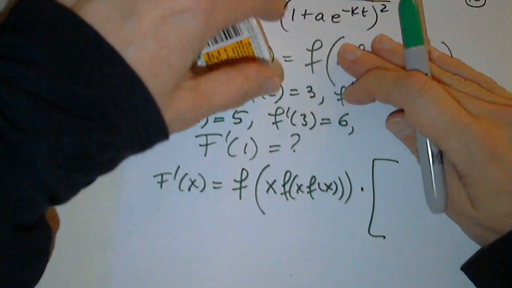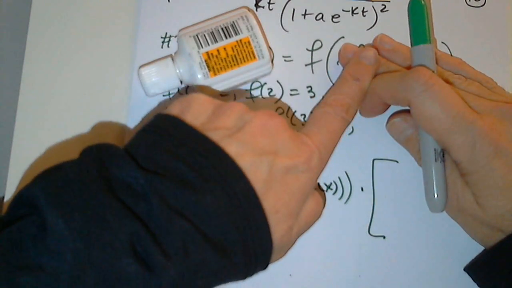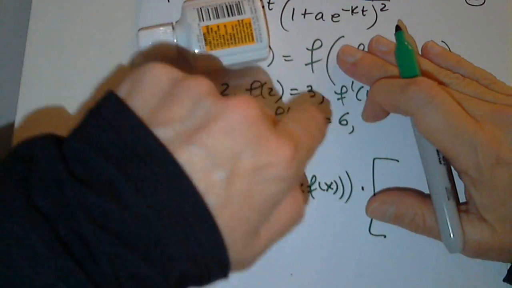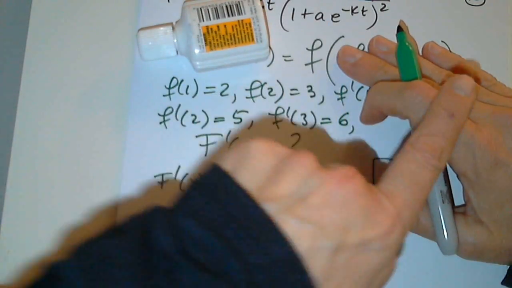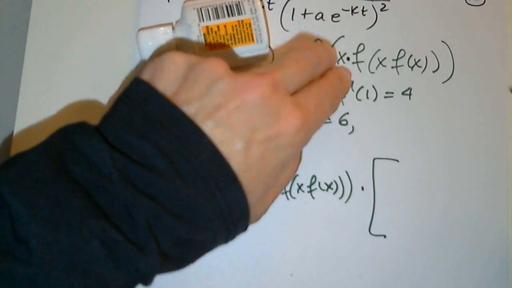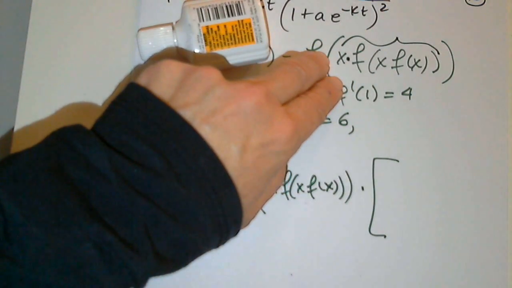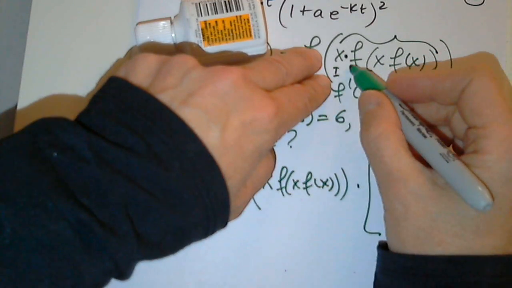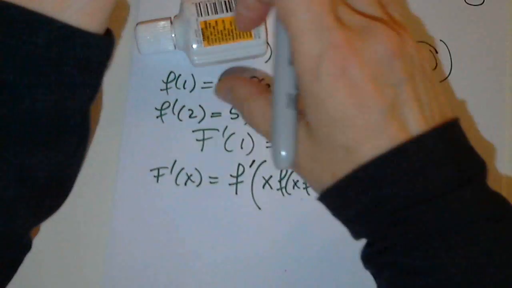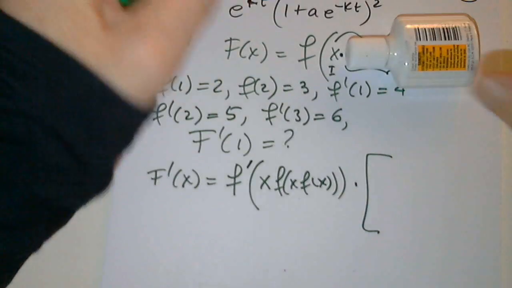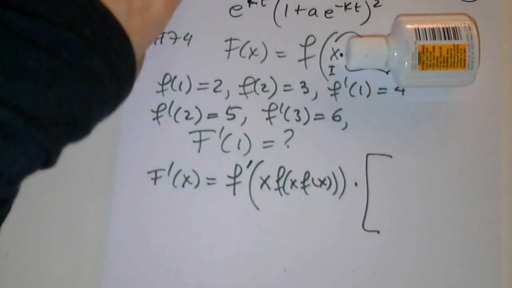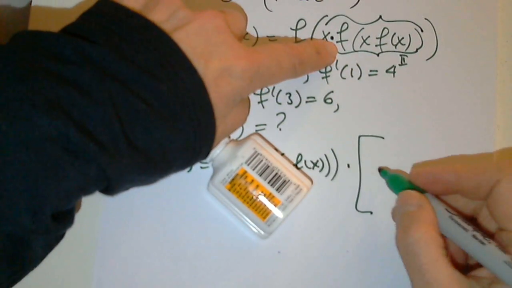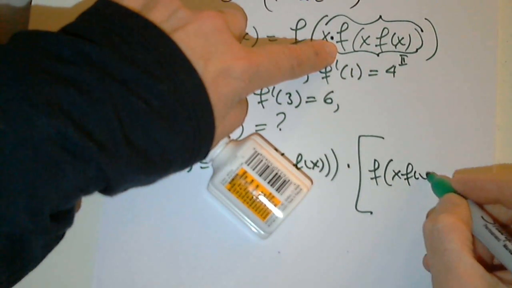Okay? So the function of a function, f prime. So the outer function, f prime of the function, times the inner function prime, but it's a product. So this is function 1, and this is function 2. Don't even look at it just yet. So I differentiate the first function, I get 1, and I copy the second function, which is f of x.